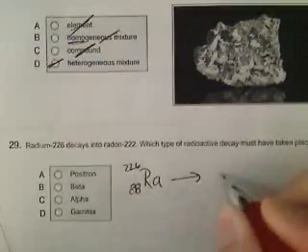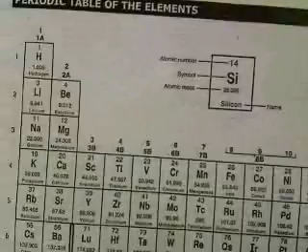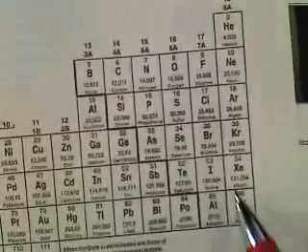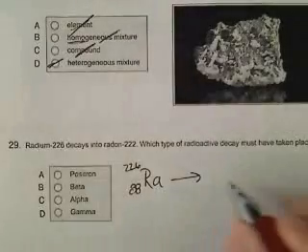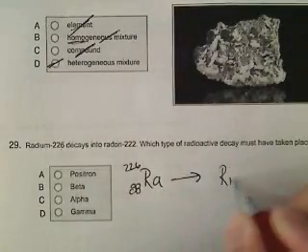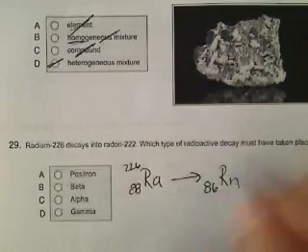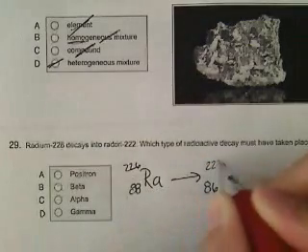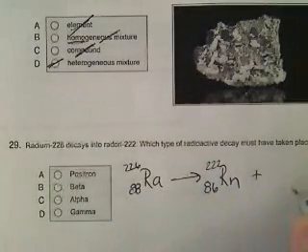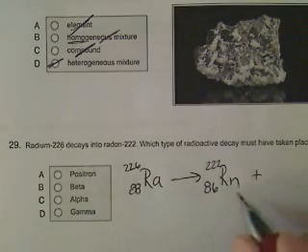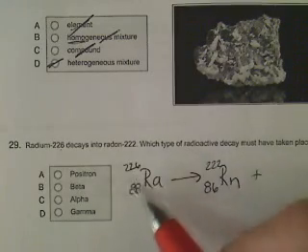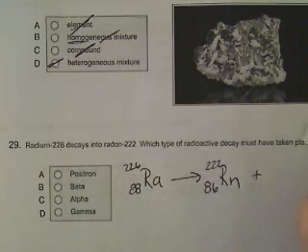This is going to break down into radon. So I need to find radon. Radon is here, and radon is 86. So this is going to break down into Rn 86, and it says that this is 222. What we have to do over here is find out which piece is going to complete this. Whatever these two totals are, I have to have the same thing over here.